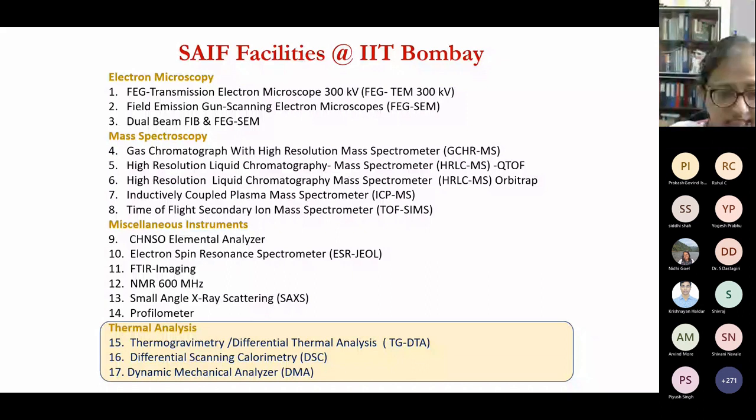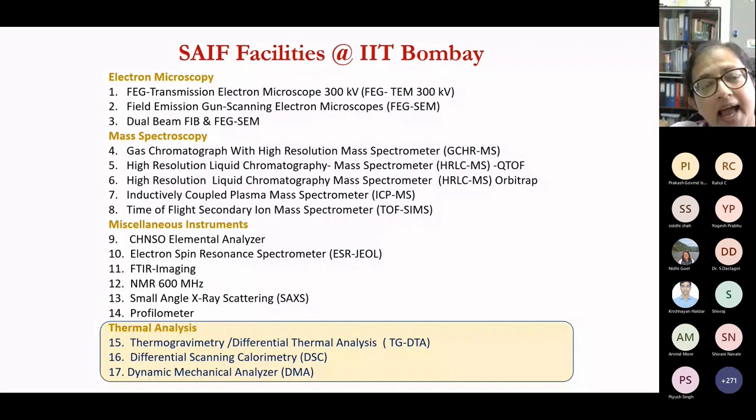We have the GC-HRMS. We have high resolution liquid chromatography, both QTOF and Orbitrap. We have both the systems. Then inductively coupled plasma MS, ICP-MS. And we also have the time of flight secondary ion mass spectrometer, which is TOF-SIMS.